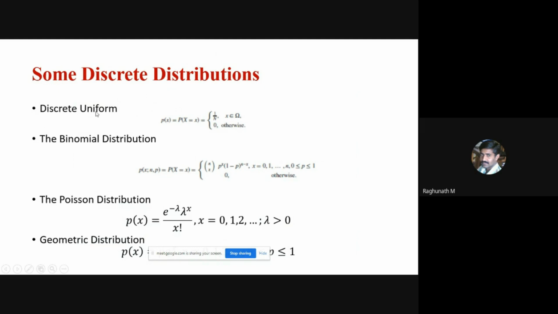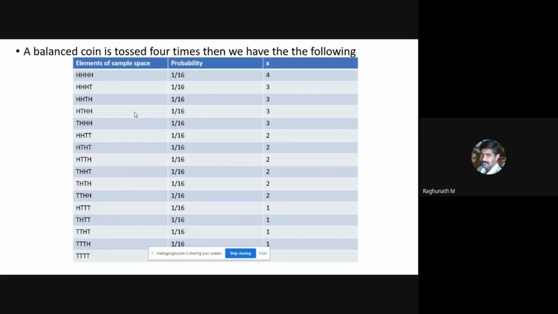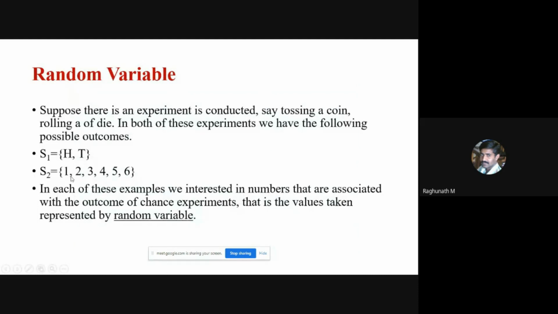And the second one is the Bernoulli distribution, because more generally we are going to talk about the binomial. If my random variable takes either 0 or 1, what happened to this corresponding to S1? Suppose I code h as 1 and t as 0.